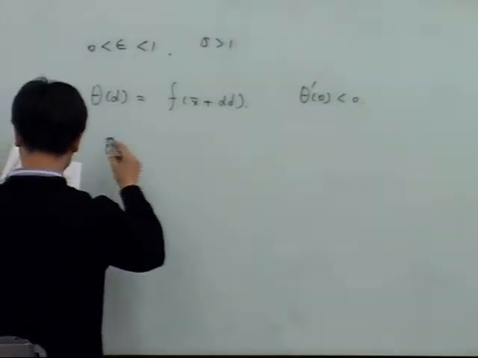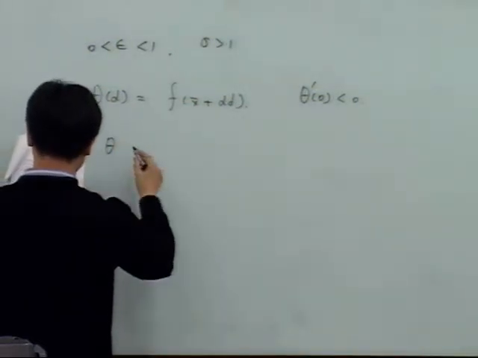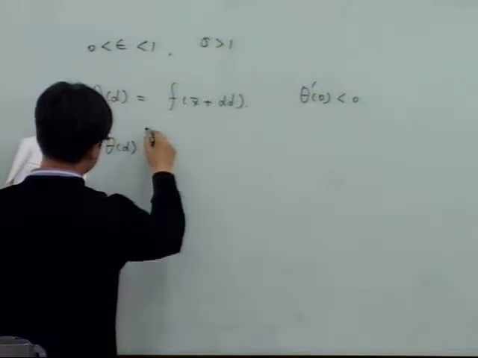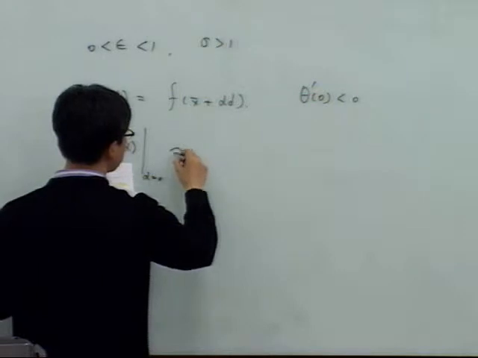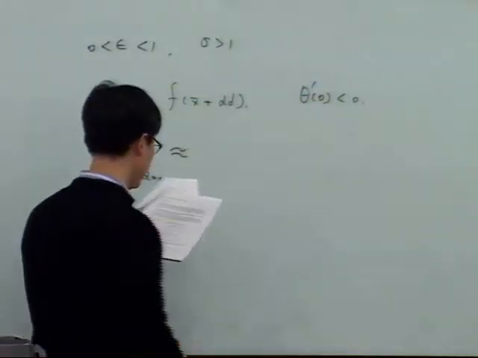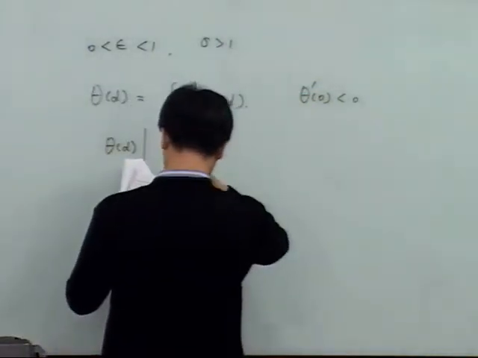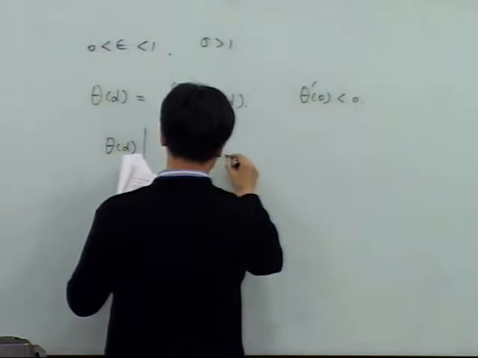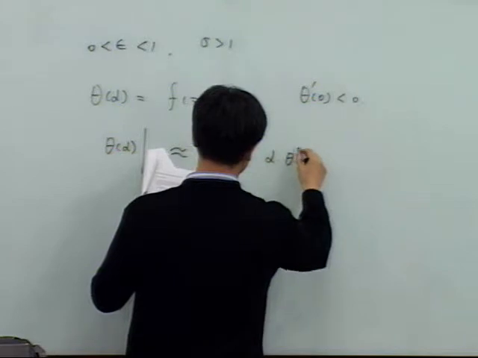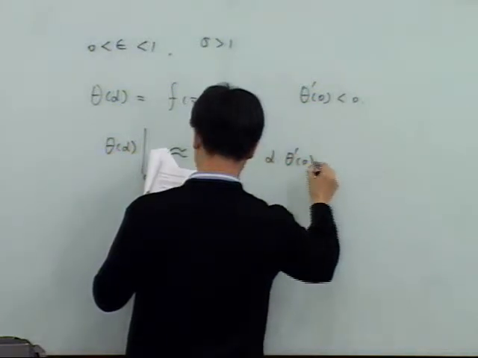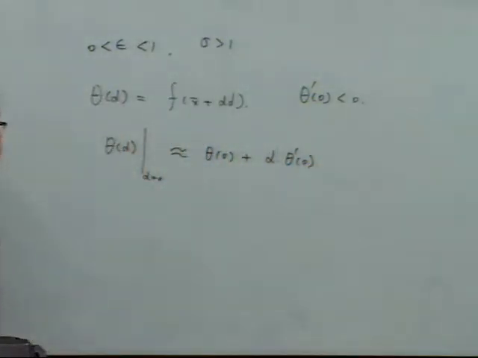This zeta alpha is approximated by zeta 0 plus alpha times zeta 0 prime. This is just a line, right?